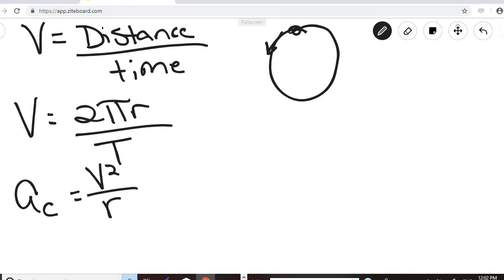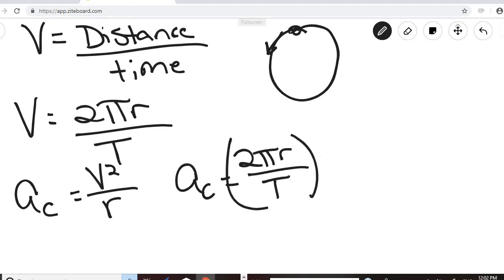Okay, so now what I'm going to do is I'm going to substitute this v squared, I'm going to substitute for this and square it. So then what you would have is that centripetal acceleration is equal to 2 pi r over t, and we'll square that whole thing.